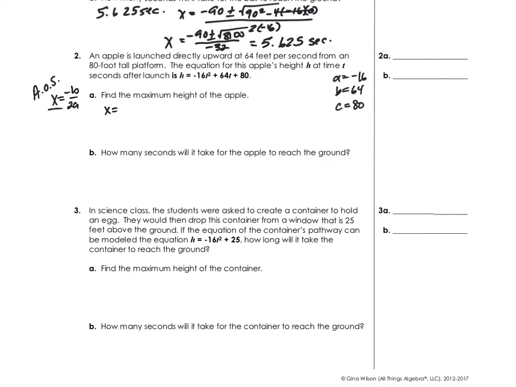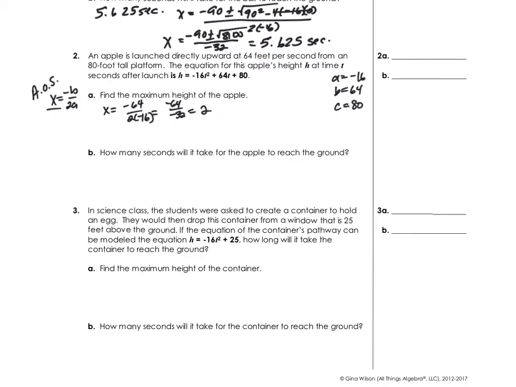Okay, so x equals negative 64 divided by 2 times negative 16. And that is negative 64 divided by negative 32, which is positive 2. So the x value means that 2 seconds after it's launched, it reaches its maximum height. Now we can substitute that back into the equation.